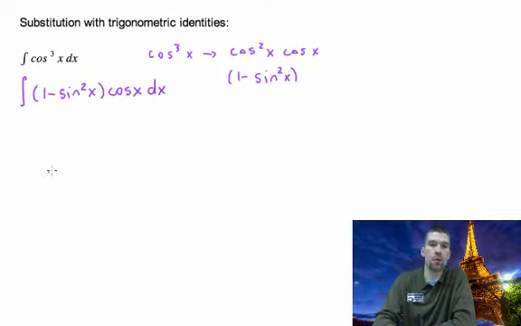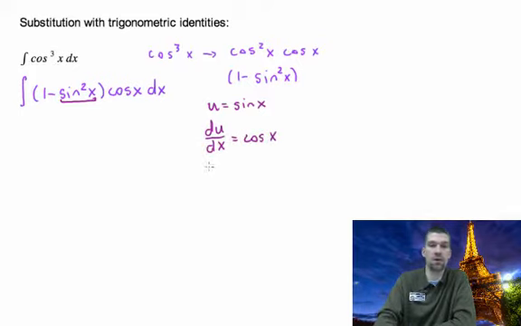All right, now on this one, when I'm trying to figure out what u should be, I'm going to look at where the power is located. So my power is located right here with sine, okay? So if I let u equal sine x, then du dx is equal to cosine x.